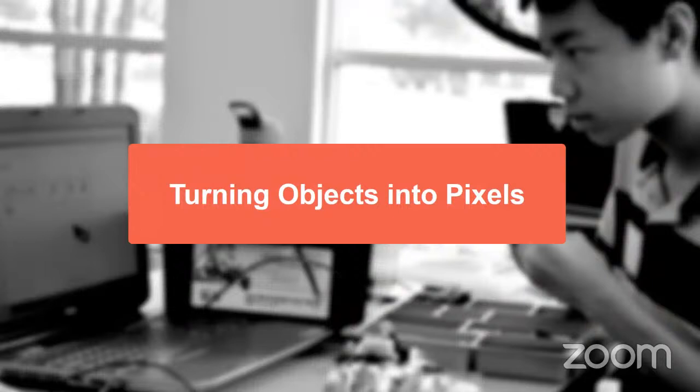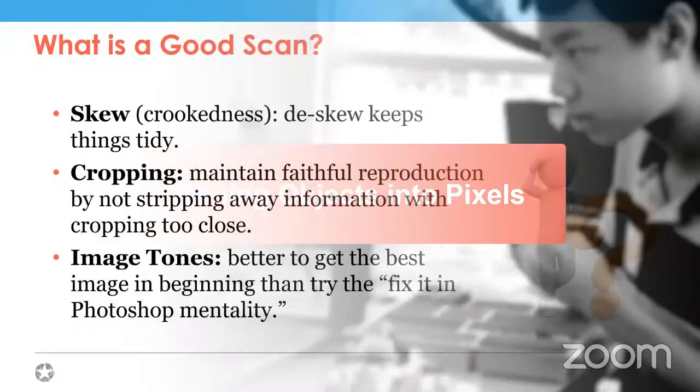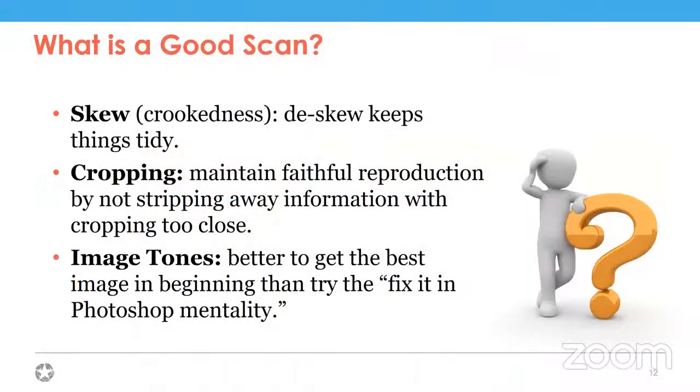Okay, so now we are turning our objects into pixels, literally. We're turning it all into zeros and ones. So what makes a good scan? We know what sort of tools we're going to be using, but how do we determine if the scan is actually any good? One thing you'll want to look at is how straight things are within your scan.